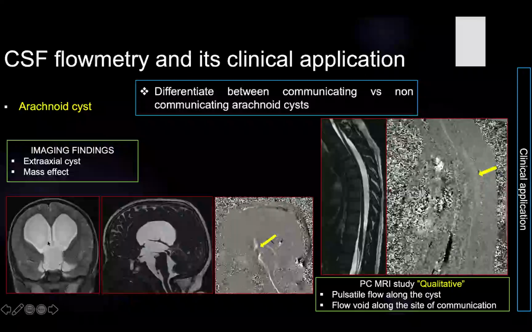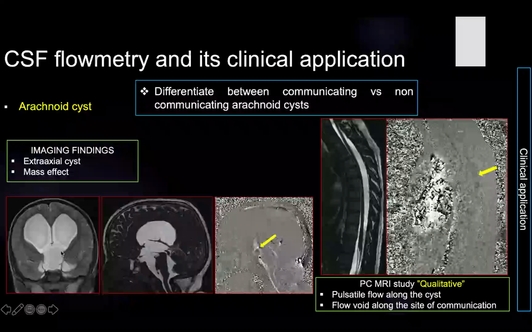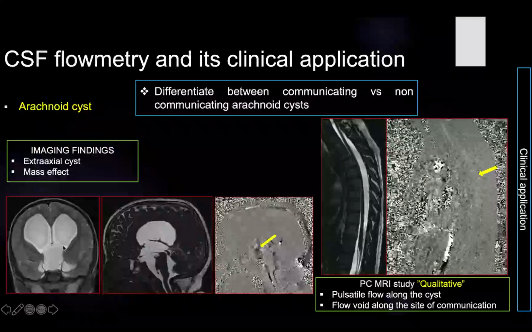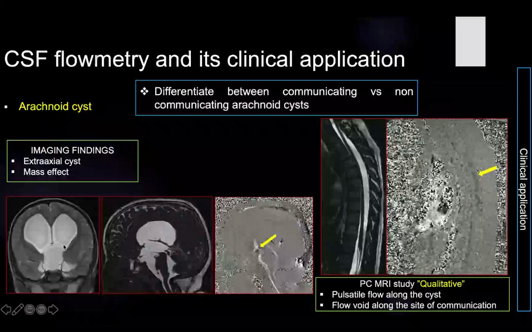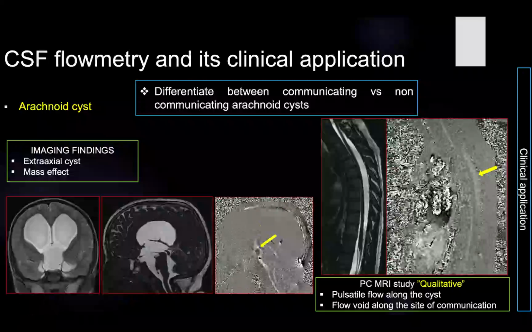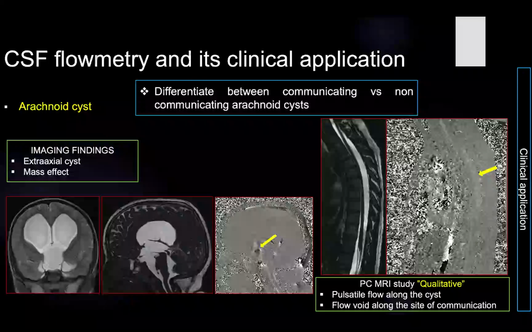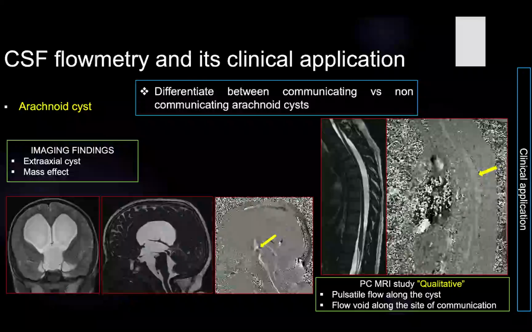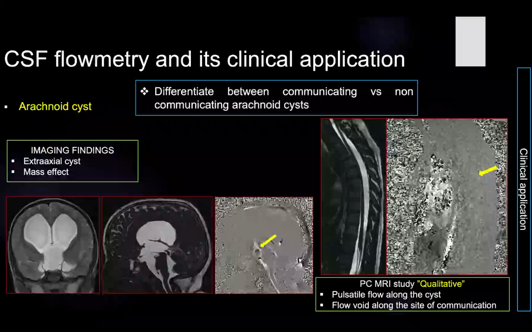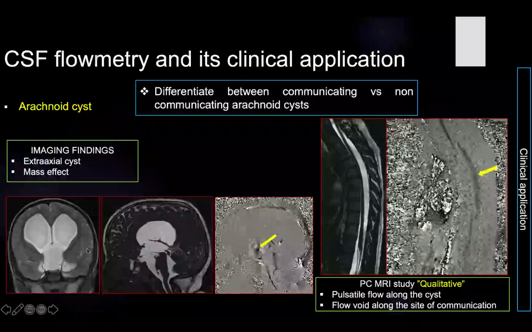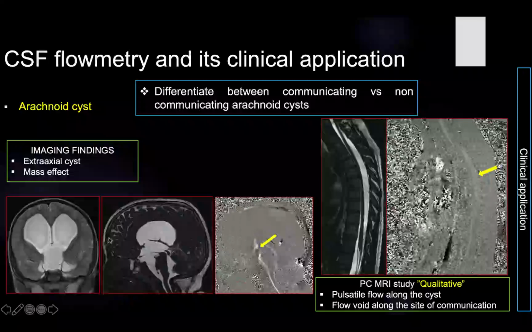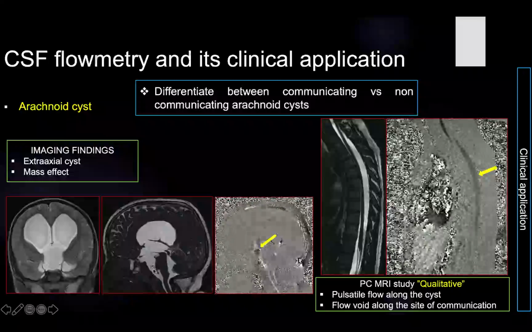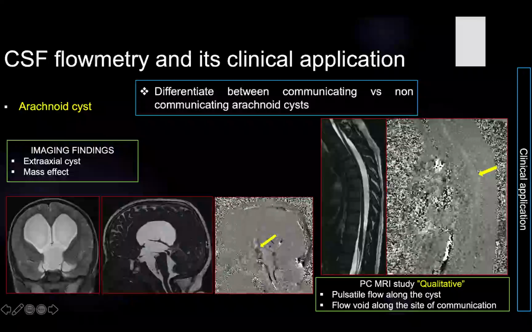If this arachnoid cyst has symptoms and is causing a significant mass effect, seizure or hydrocephalus, or if these cysts are symptomatic and surgical intervention is decided, we must do a CSF flowmetry to know if this cyst is communicating or not with the subarachnoid spaces.